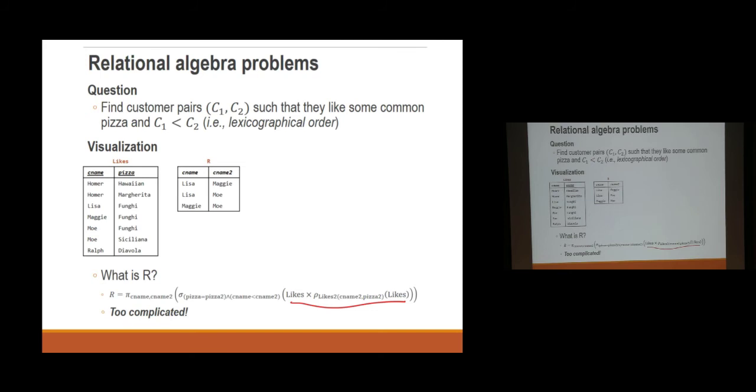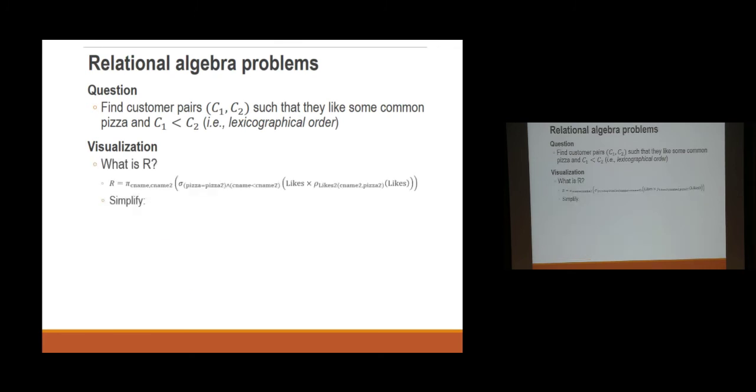Once you get the cross product, you can select such that they share the same pizza. If they share the same pizza, you need to also order them. And then you project. Okay, but this is kind of too complicated. So what you can do is write it as a diagram, or we can break it down into smaller queries.